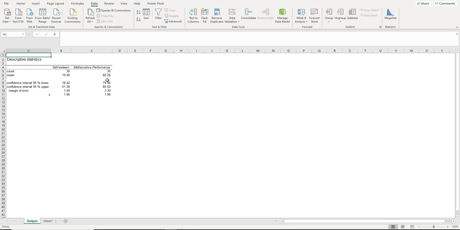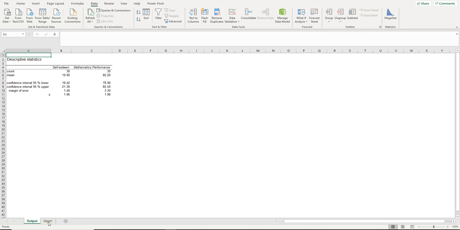And then we have the confidence interval. For the self-esteem, we have 18.42 as the lower boundary and 21.28 as the upper boundary, while for the mathematics performance, we have a lower boundary of 78.9 to 85.5. The margin of error is 1.48 for the self-esteem, and for the mathematics performance it is 3.30.